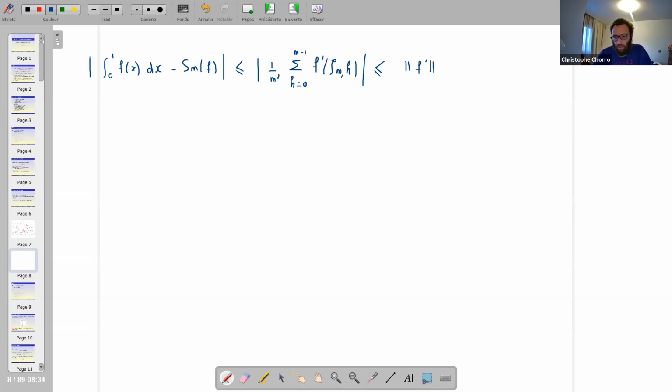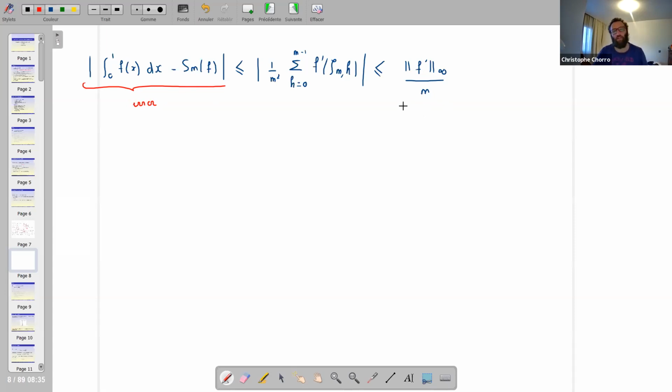So I can write it as the infinite norm of f prime over n, where this is just the supremum of the absolute value of f prime on the interval 0, 1. Here I have my error, and I see two things.